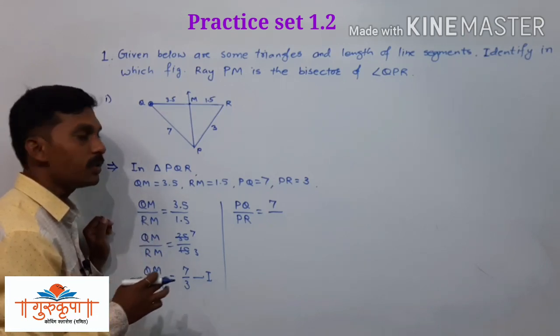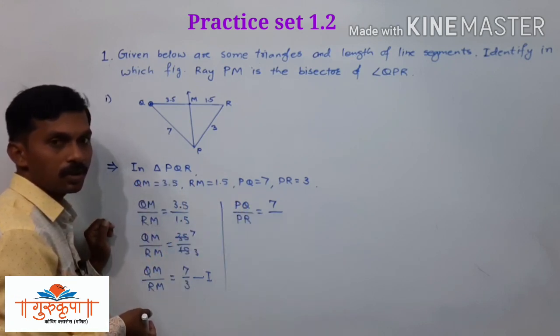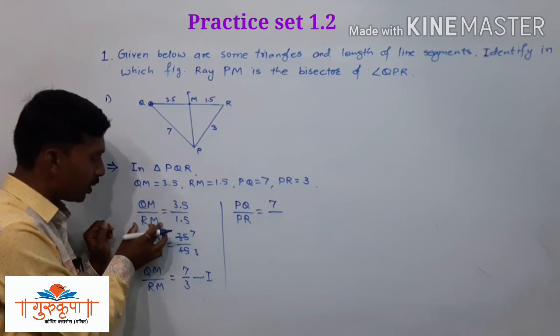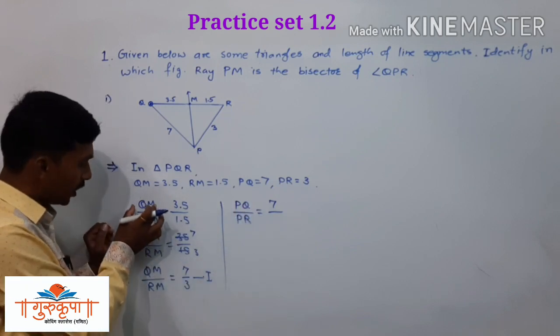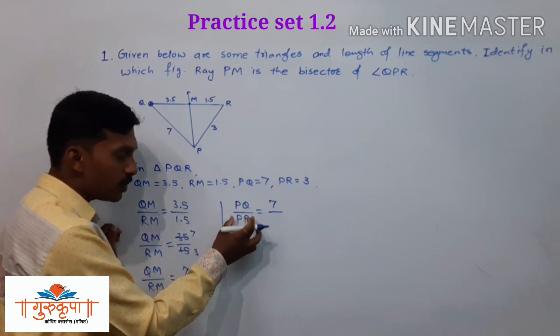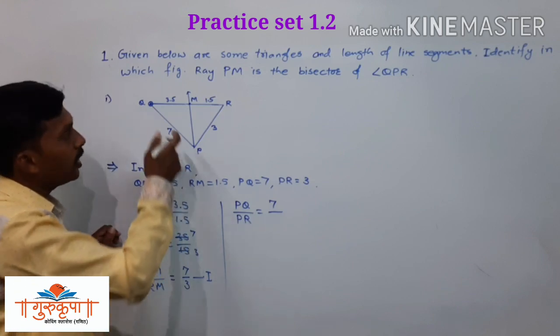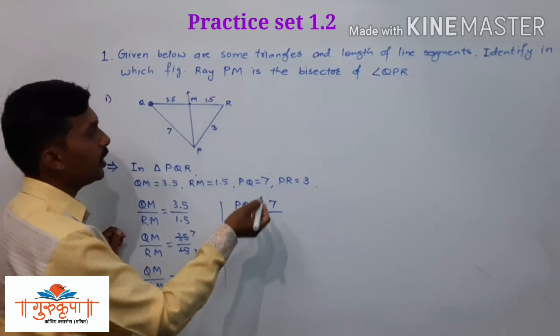According to correspondence, we have to write the sides in the ratio. Since we write this ratio as QM upon RM, we write this ratio as PQ upon PR. If we write this ratio as RM upon QM, then we write this ratio as PR upon PQ. We have to check the correspondence in the diagram.